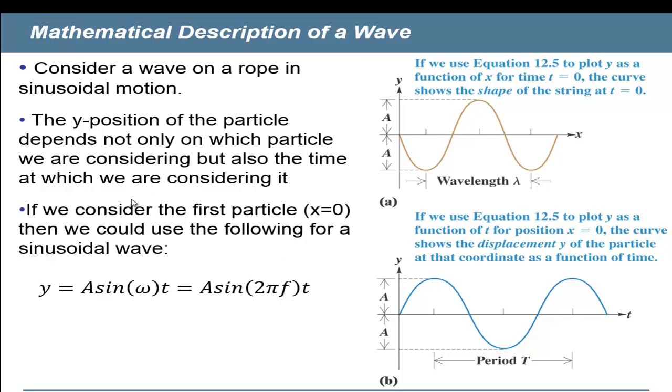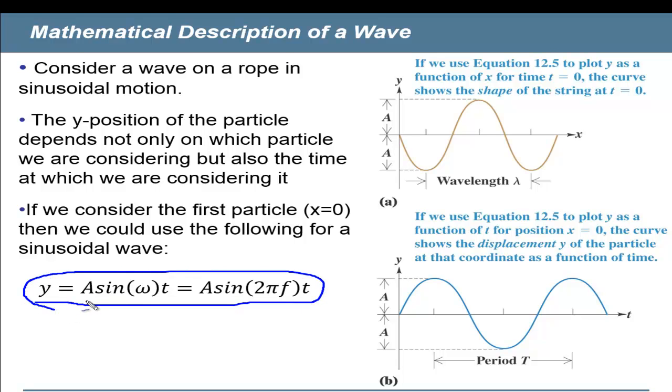So if we were just to consider the first particle, where x is equal to 0 right here, then it would just be a function of time and it would just oscillate like this, right? We could know where the y position is just by knowing the time. And we'd have this equation for a sinusoidal wave.